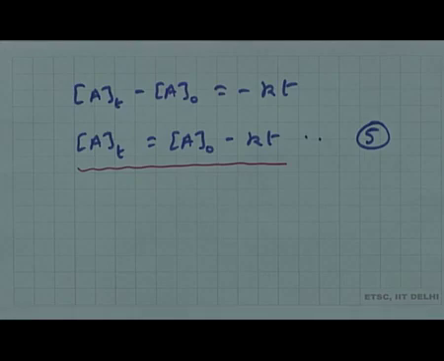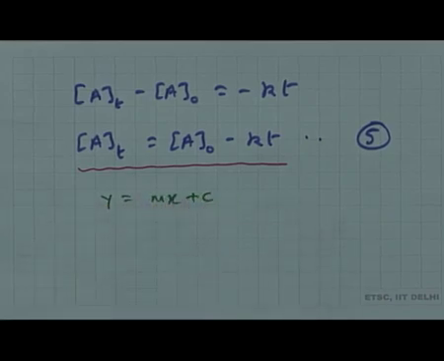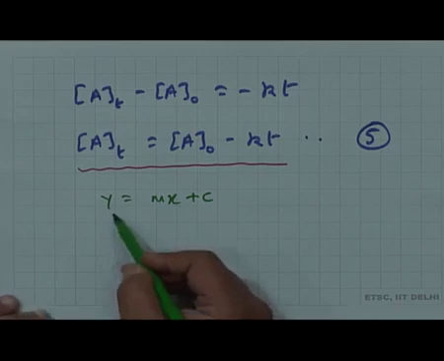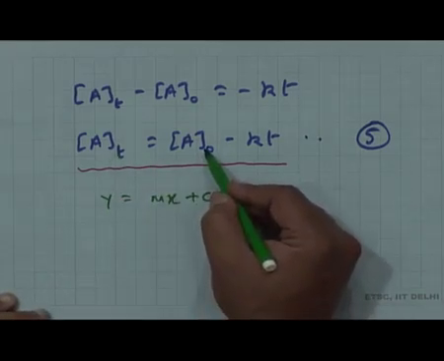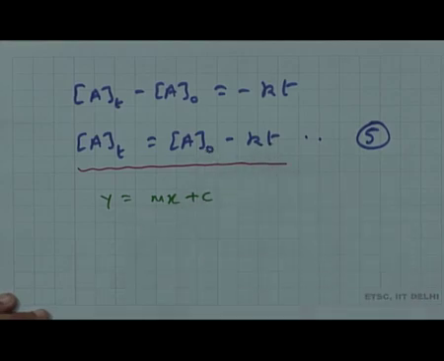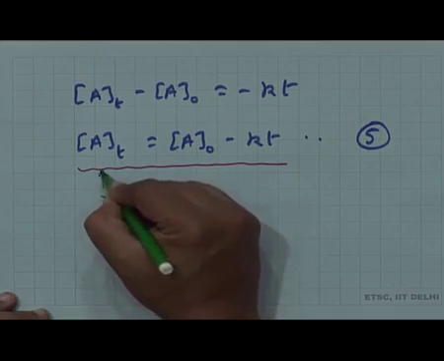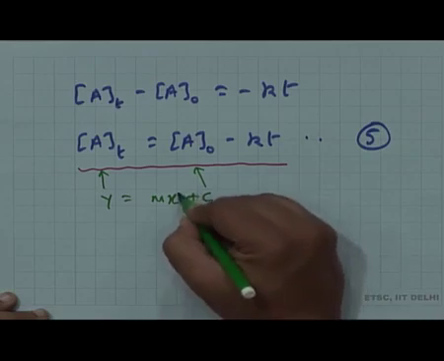The moment I end up with an equation like this, you soon realize, oh, this is a straight line equation, right. Does it not look like y is equal to mx plus c, where y is A t, the intercept c is A naught, x is t, and m is equal to minus k?